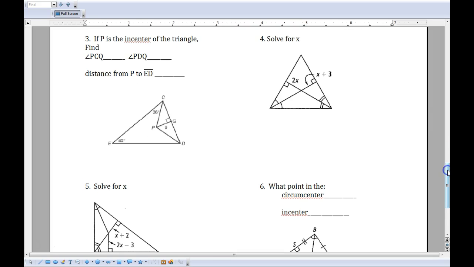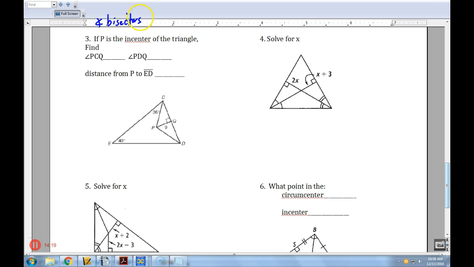Scrolling on down, number 3. So now I got to kind of switch gears a little bit. It says that P is the incenter. Well, I got to remember that the angle bisectors make the incenter. And the fact about that is it's equal distance from the sides at 90 degrees.